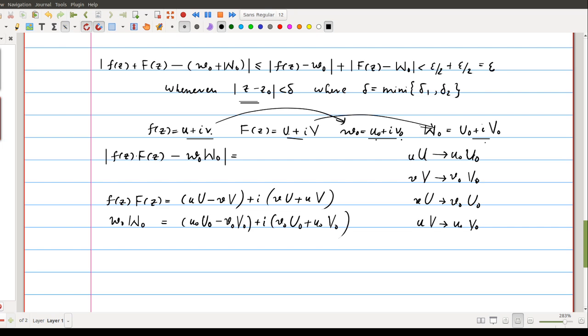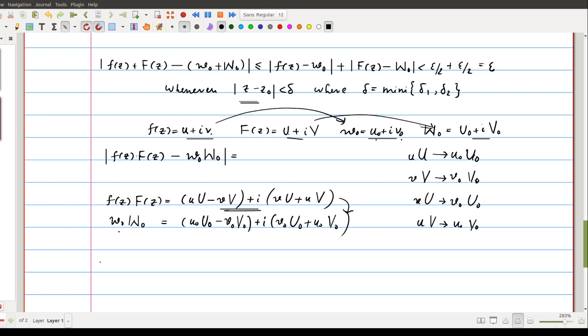So using that fact, you can easily prove the product rule once you consider the product. In order to prove that f of z times capital F of z tends to omega naught times W naught, we need to prove this limit. This quantity tends to this one.